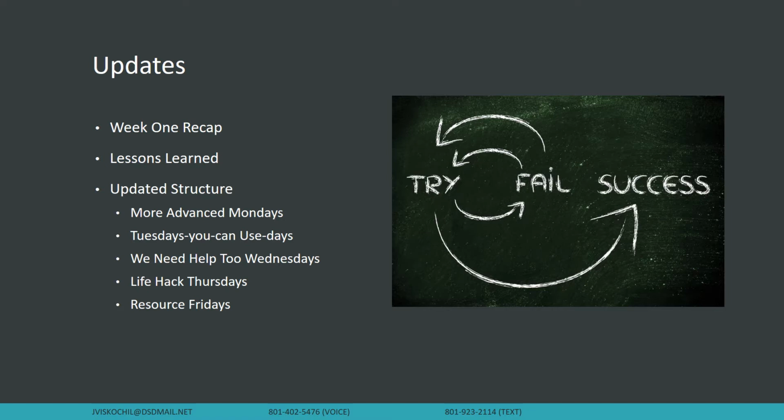And then the other thought I had was to have a more updated structure. So Mondays are going to be, again, my more advanced Mondays. And Tuesdays are Tuesdays you can use days, and I realized that that's my best play on words, and I should have saved it till the end, but here we are. And then Wednesdays, I'm going to continue with We Need Help 2 Wednesdays.